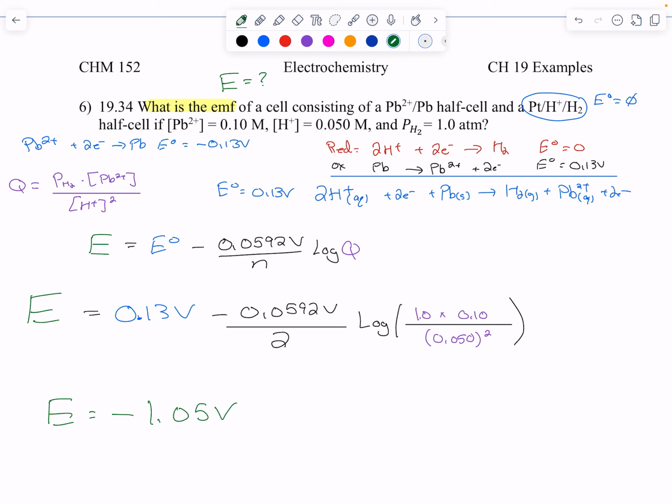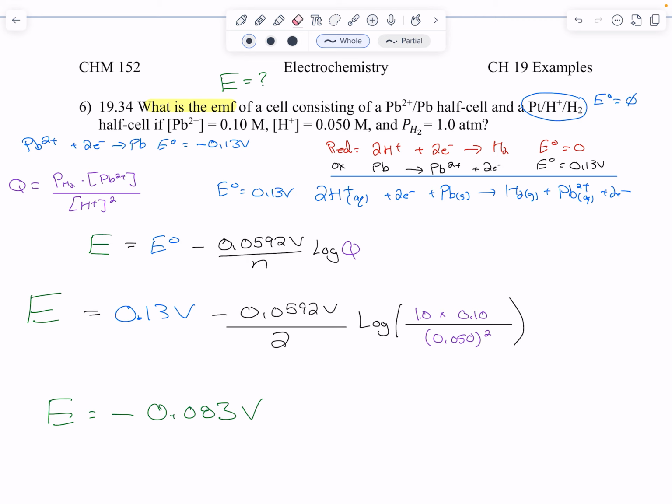Now I got a different answer. What did I do different? Oh, I forgot the log. That's why. So I did not get this. Calculator error. All right, 0.083 volts is what I'm getting. Excellent. I like that number better.